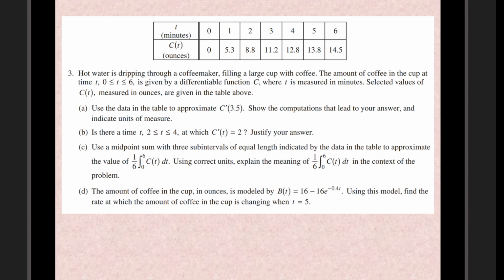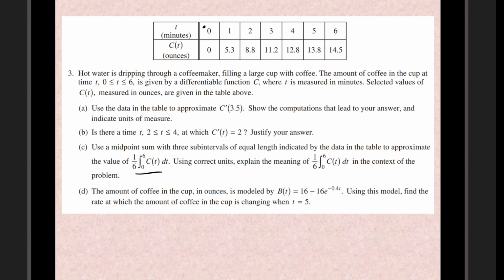All right. The next one says use a midpoint sum and three subintervals of equal length to estimate the average value of the ounces of coffee. We're going to have to, at the end, explain the meaning in the context of the problem. But let's first find the value.